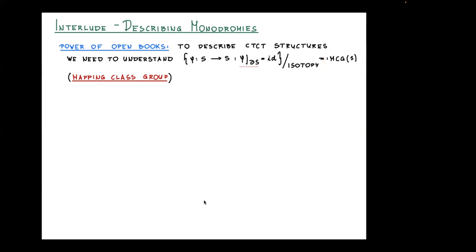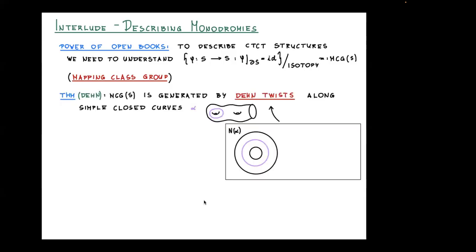So these are the maps I can have up to isotopy. Isotopy doesn't change the diffeomorphism type of the open book manifold, so I really only care about up to isotopy. And here's the claim of Dehn, is that this is a group with composition, and this group is generated by the Dehn twists.